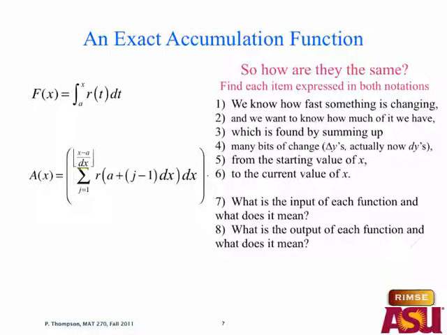Did you get through all of them? Yeah. J2. Okay, we know how fast something is changing. Where does it show up in the fx function? R, right? So the output of R is the rate of change. So that whole thing and this whole thing.